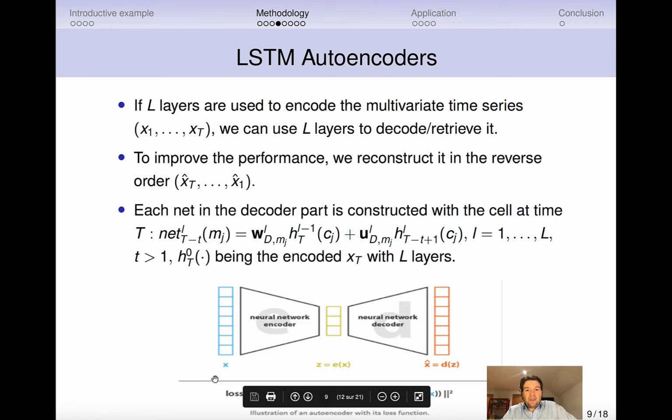X hat will be the decoded data. X will be the data that are the input of the model. And then we will use this loss function. This loss function will obviously be the difference between the decoded data and the input, squared, with the norm 2.